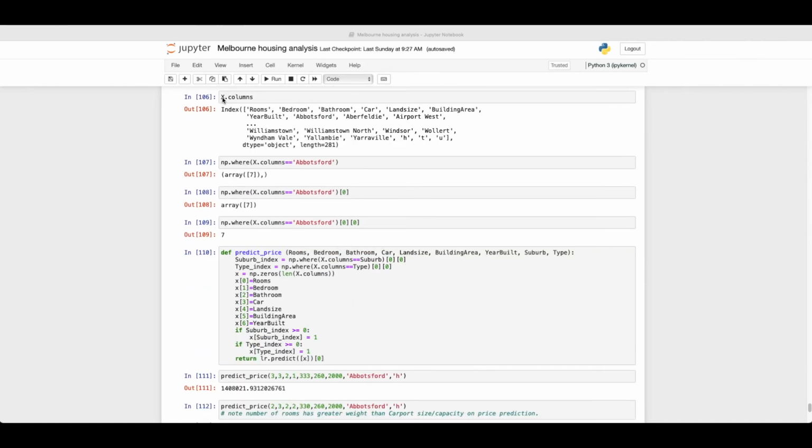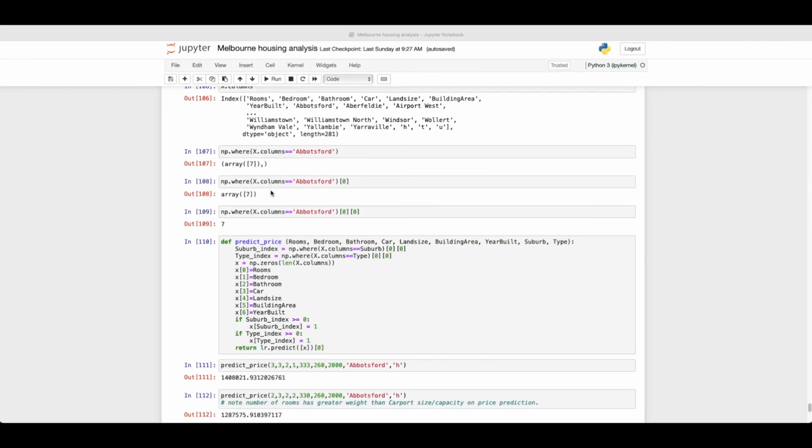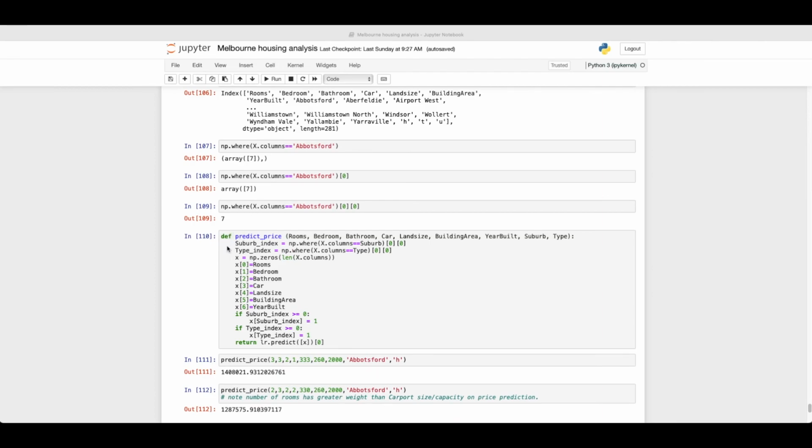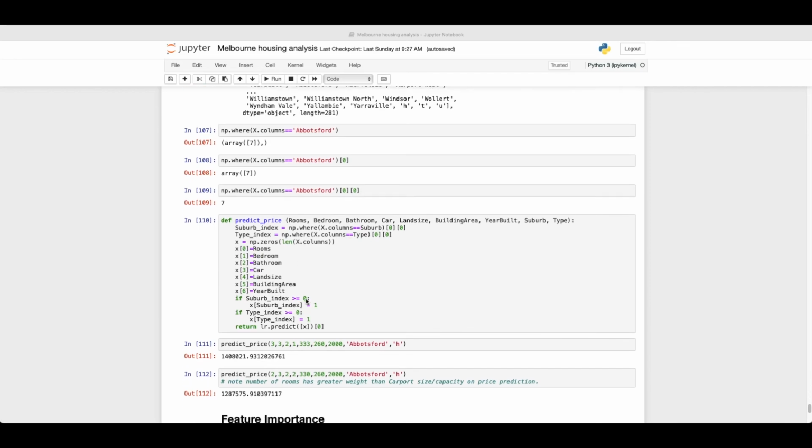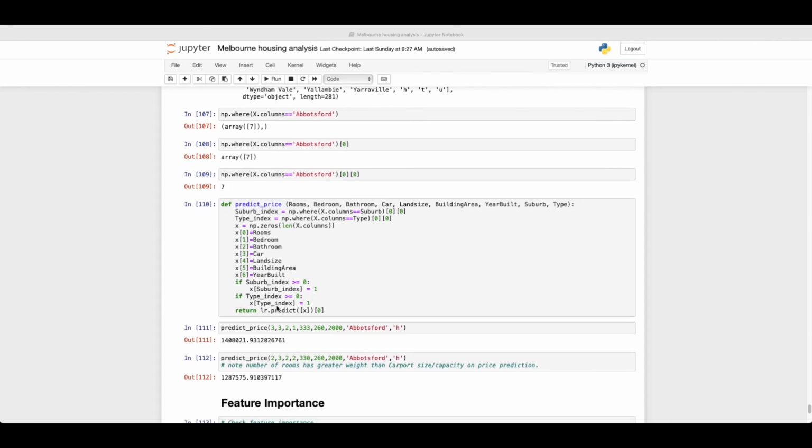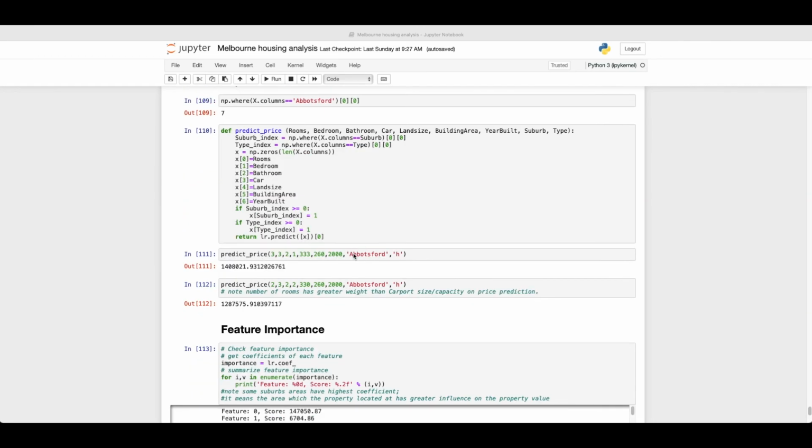I checked the columns I have here, and I created a function called predict price. Basically, we need to put in the room number, bedroom number, the number of bathrooms, car, land size, all those variables, to predict a price by using our linear regression. So I tested it out.